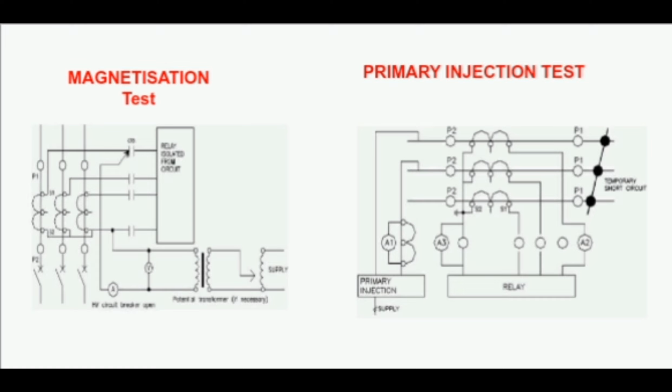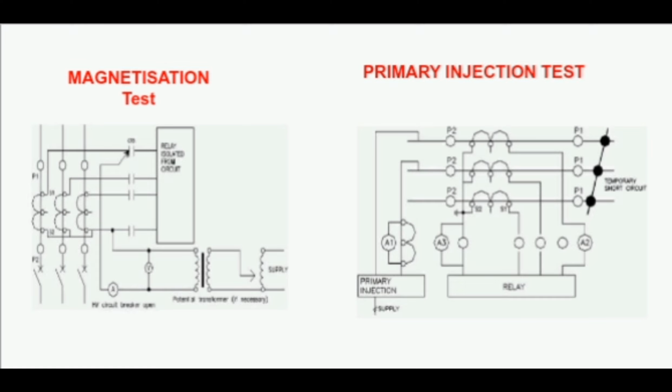Now let's proceed to the magnetization curve test. This is an optional test. As you can see in the photo, the magnetization curve test confirms the characteristic of the CT with the nameplate specification. This test shall be conducted before the ratio test and after the secondary resistance and polarity tests, since residual magnetism is left in the core due to the DC tests, polarity and resistance, which leads to additional error in the ratio test.